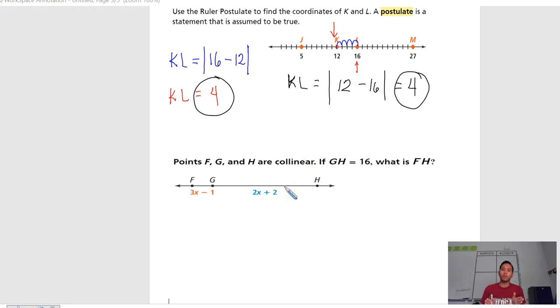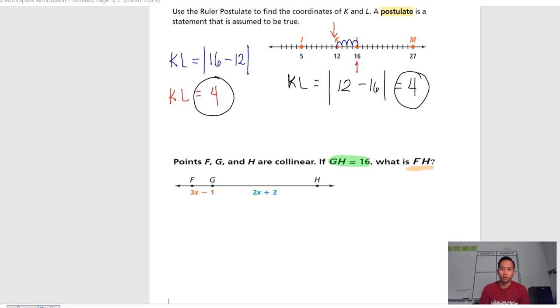I'll repeat, collinear points are points on the same line. Our given is GH is 16, and we have to look for FH.